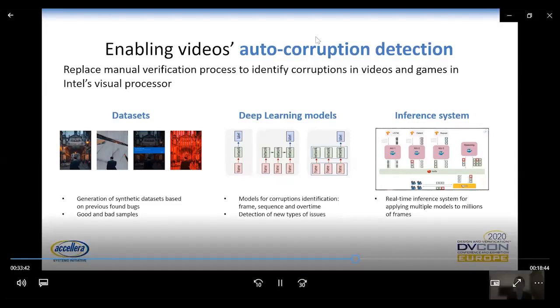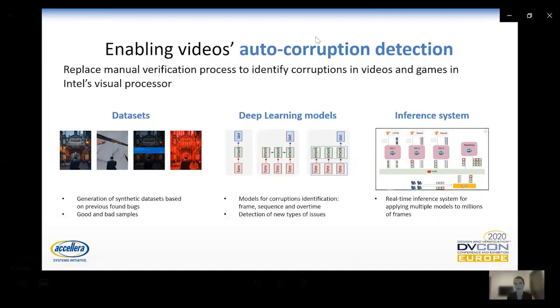Last but not least, as challenging as the training of the algorithm was, another challenge was to develop an inference system that will integrate into the lab and will be able to identify, in millions of frames, in near real time, by applying the deep learning model, whether there is a corruption or not.